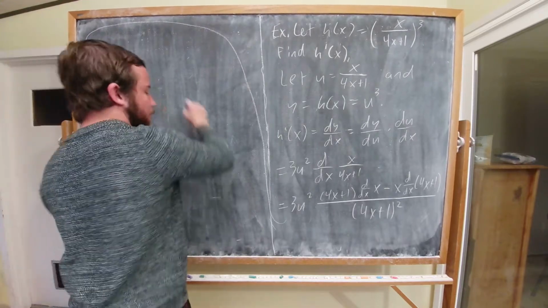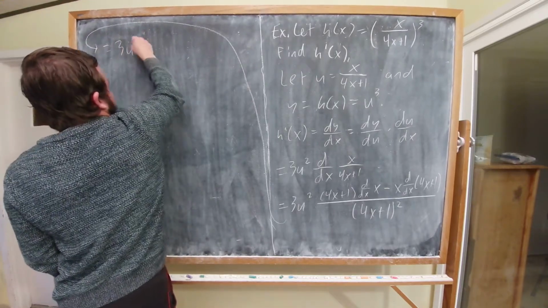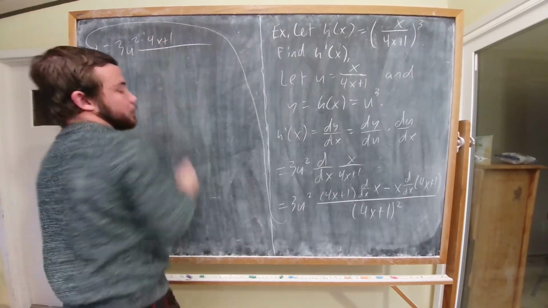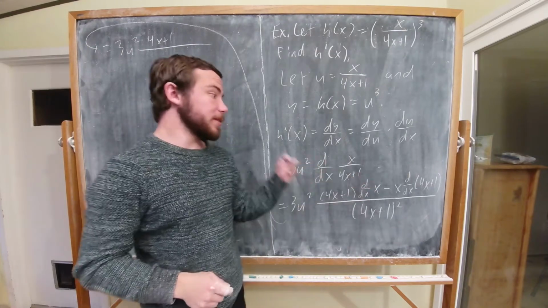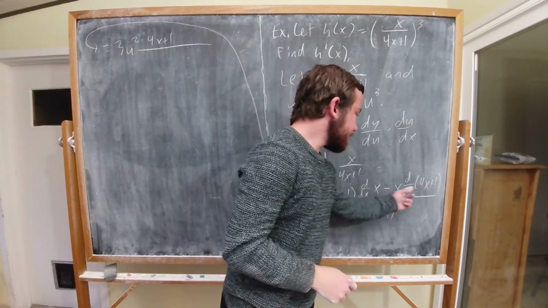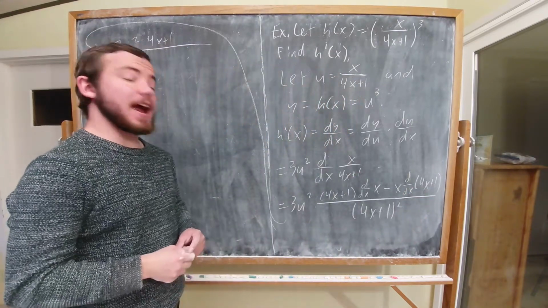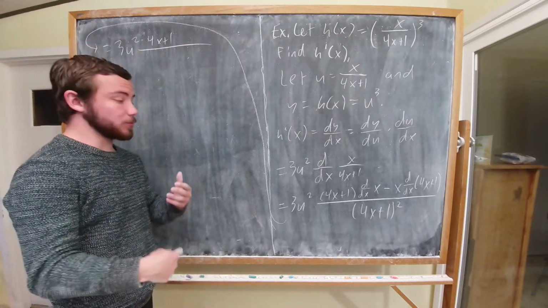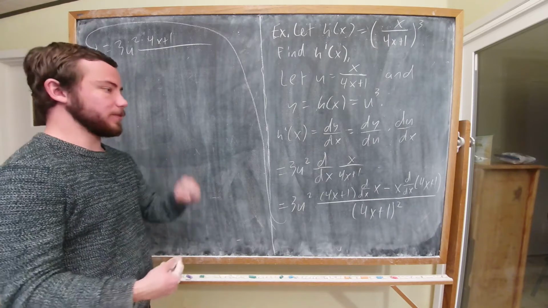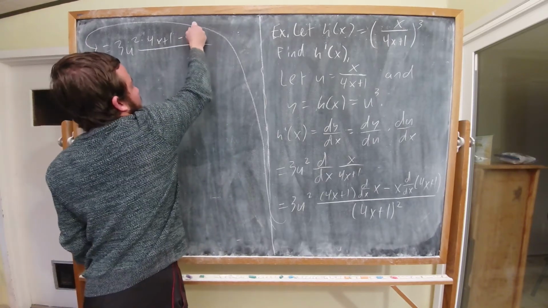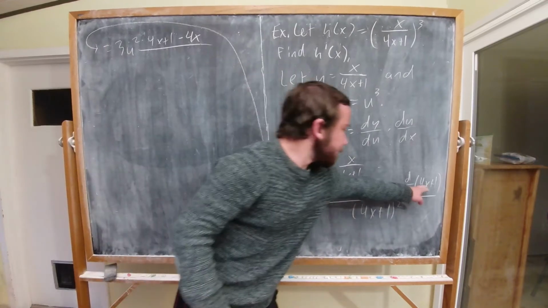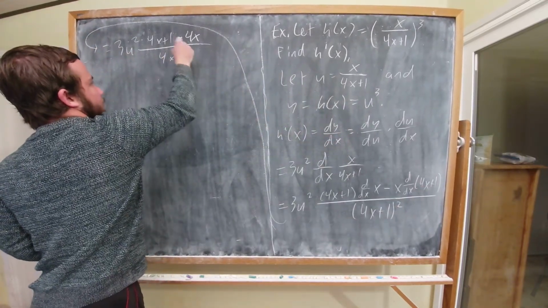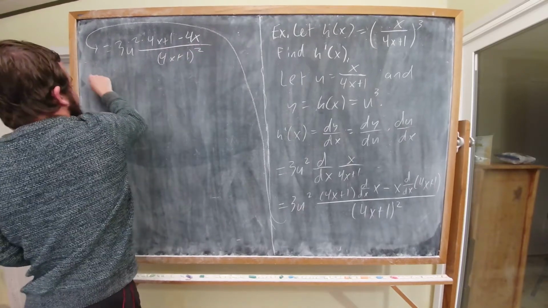This is equal to 3u squared times (4x plus 1). Derivative with respect to x of x is just 1, so that's gone. Minus x times that derivative there. That derivative is just going to be 4, right? Using the scalar multiple rule, power rule, and sum rule. We're left with minus 4 times x. All divided by (4x plus 1) squared.